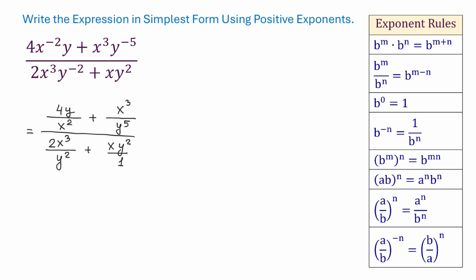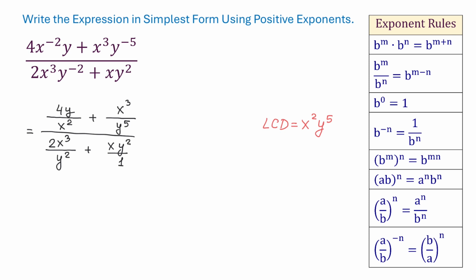To get the least common denominator, we need to form a product of each variable with the highest power. The variables we have in the denominators are x and y, and the highest power for x is 2, and the highest power for y is 5.